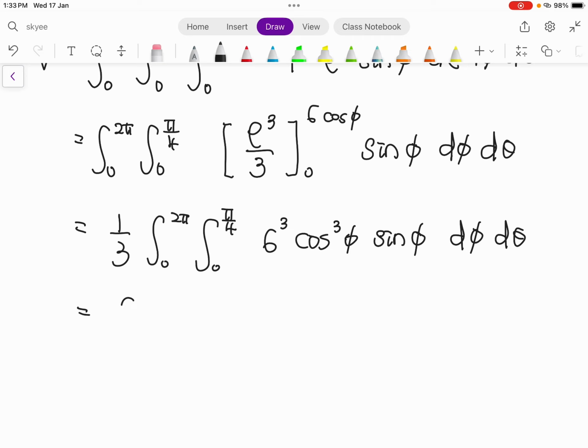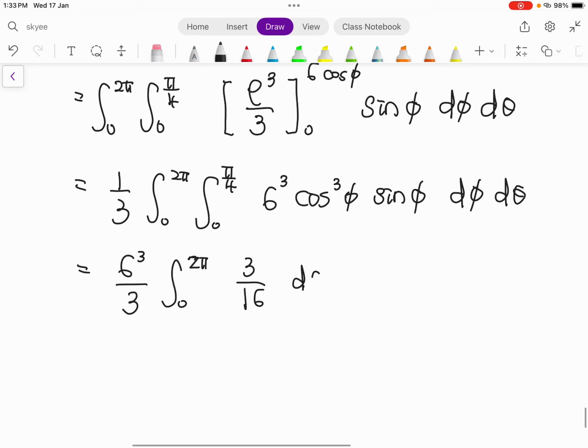The 6 cubed I take out, over 3. The theta integral from 0 to 2 pi is still there. The phi integral gives you 3 over 16, then d theta.